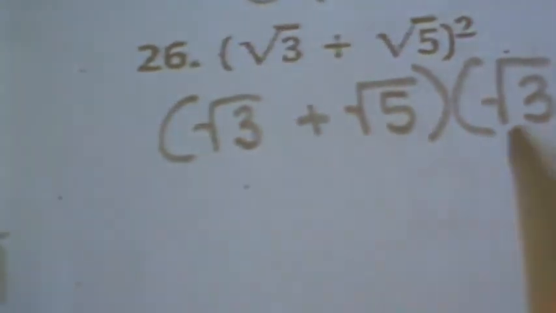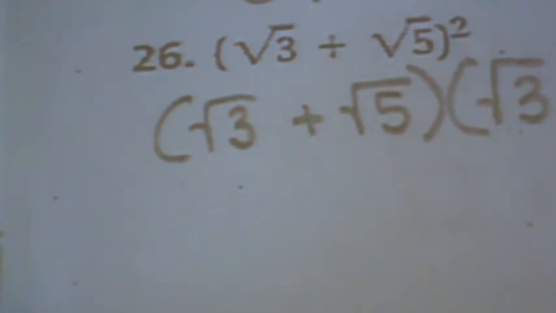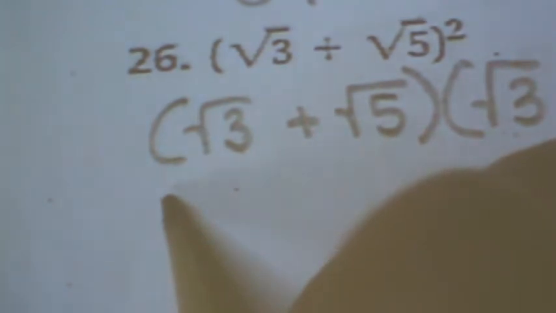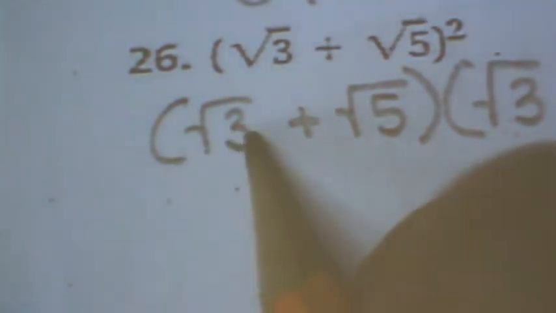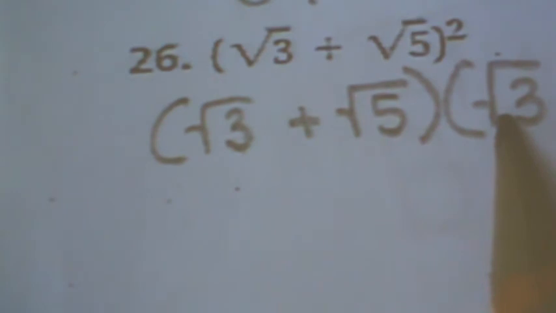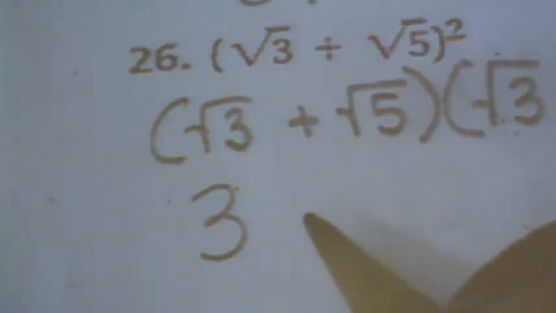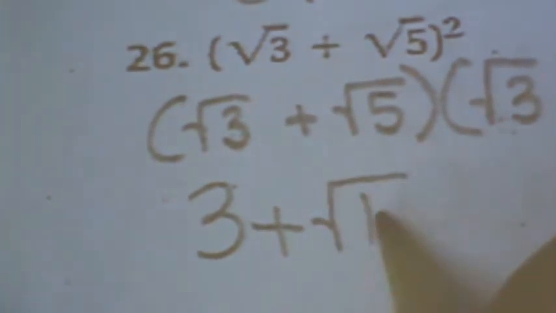What's root 3 times root 3? 3. Root 3 times root 5 is root 15.